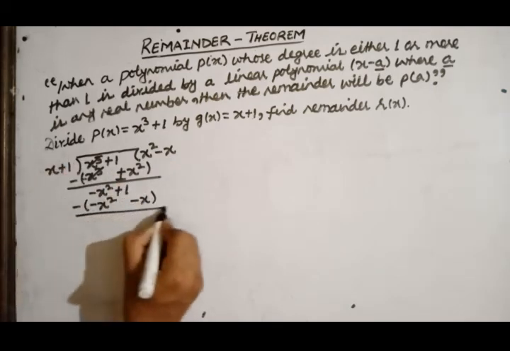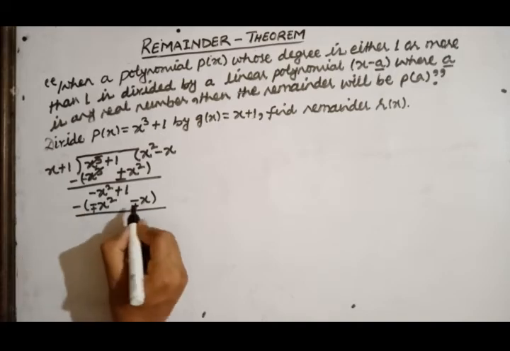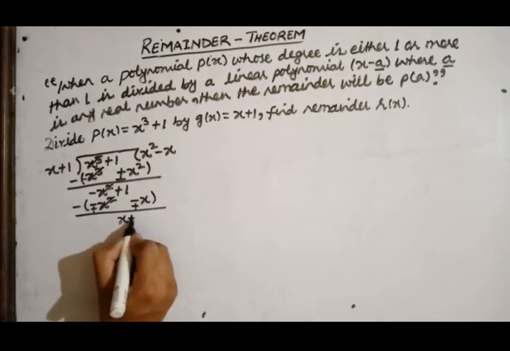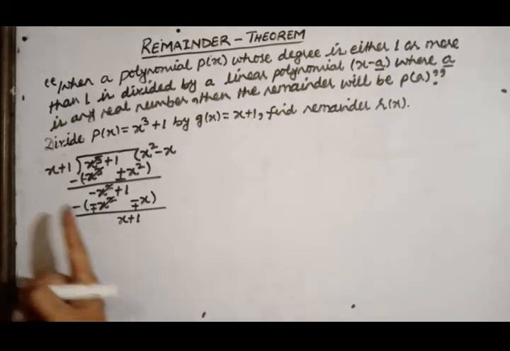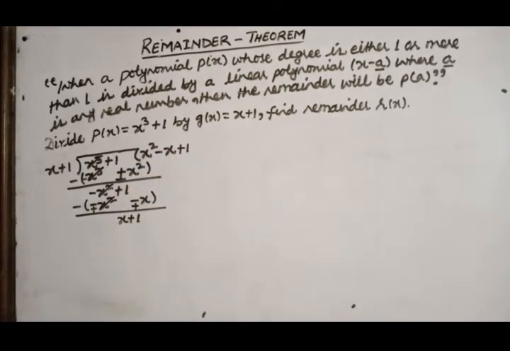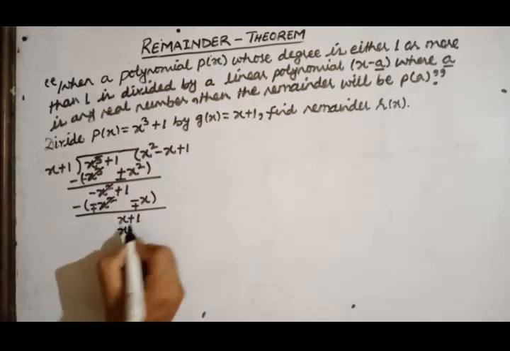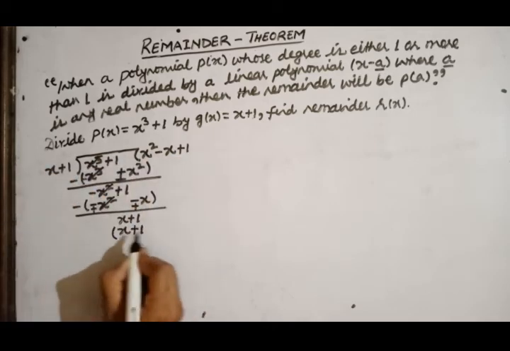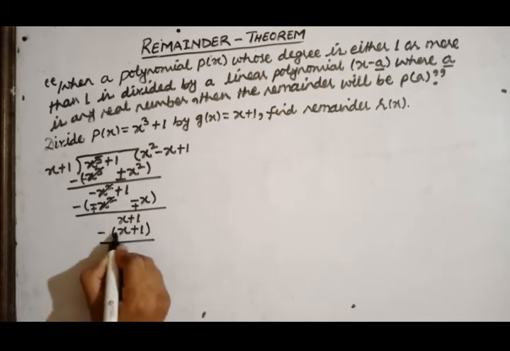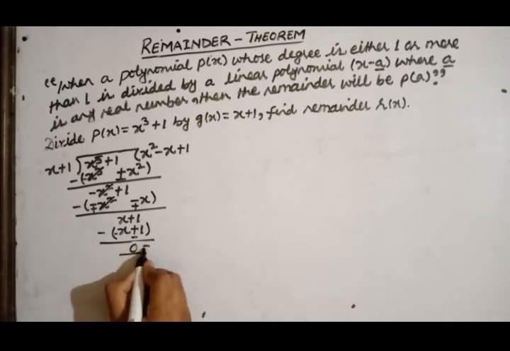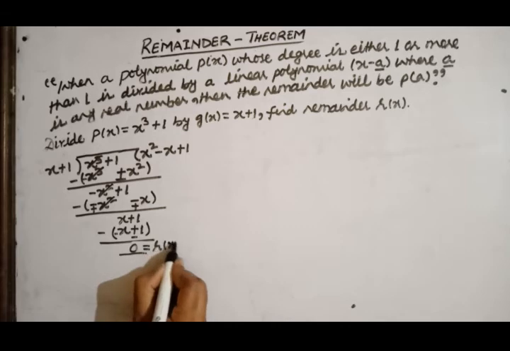On subtraction, x square gets eliminated, remaining x plus 1. To eliminate x, we multiply by 1. So in the quotient we take 1, and 1 into x is x, plus 1 into plus 1 is plus 1. On subtraction, it becomes 0, and that's the required value of the remainder R(x).